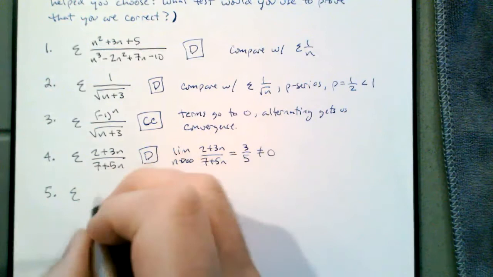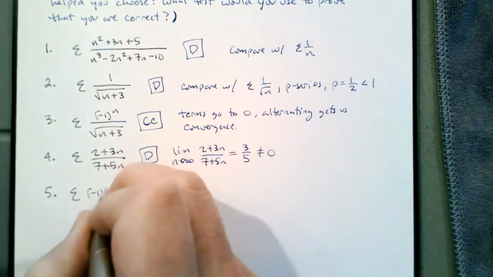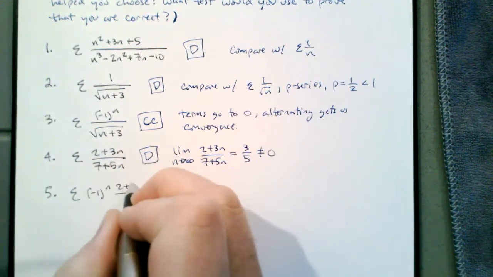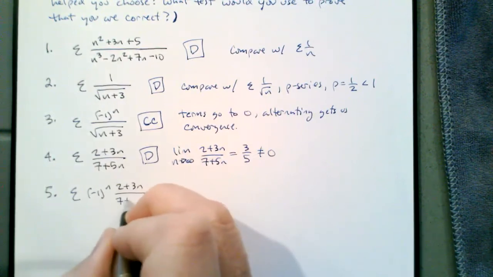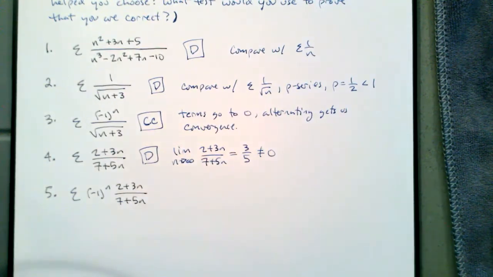Let's suppose I take this series and make it alternate. This problem is me trying to be very sneaky. Oh, these things are multiplied, so I'm not trying to be sneaky by writing it weird.